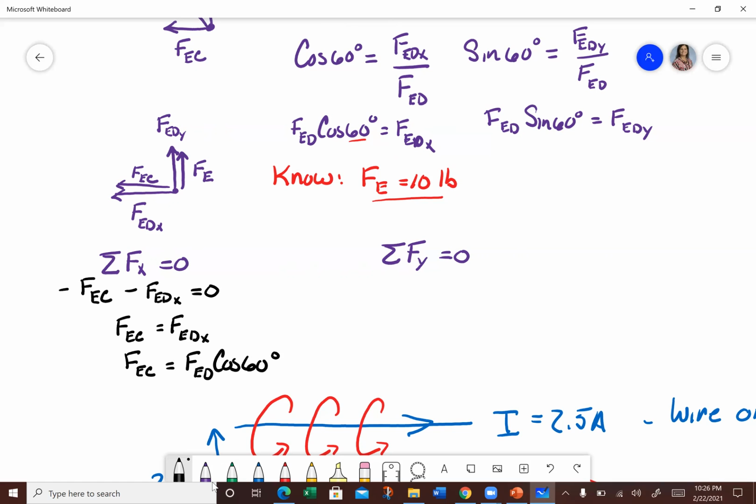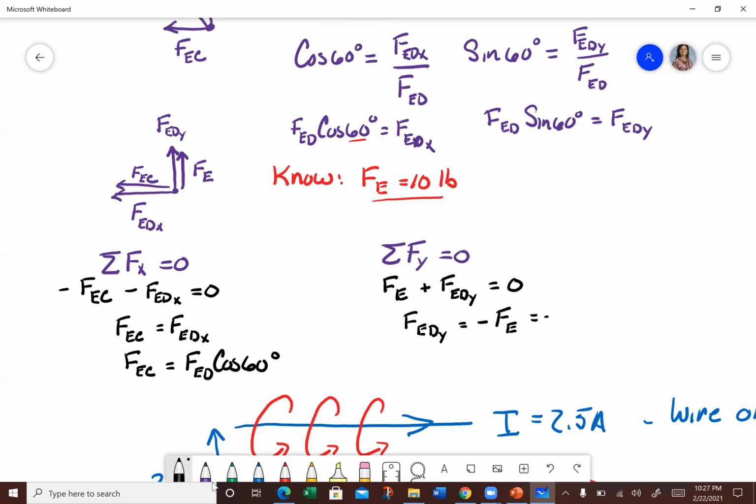So if I can find FED, I'm going to go to the Y direction. In the Y direction, you're going to have FE plus FEDY is equal to 0. That means FEDY equals negative FE, and that's 10 pounds.